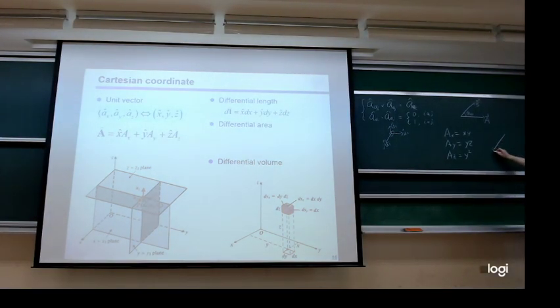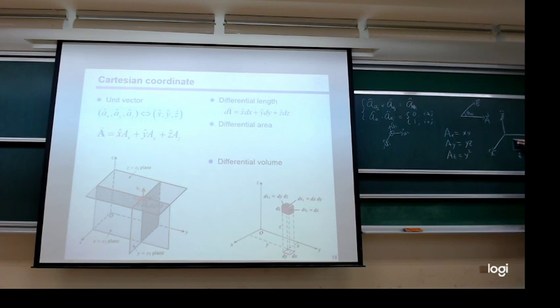If I define my x, y, and z unit vector, and I have an area or a surface which has a direction of positive x, right, pointing out into your eyes.